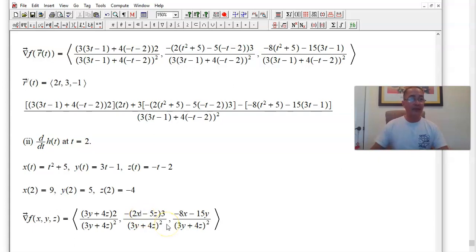We're going to get 9 times 2, 18, and 9 times 8, 72, so minus 72. And nothing in the denominator. y is 5, so that's going to be 15.